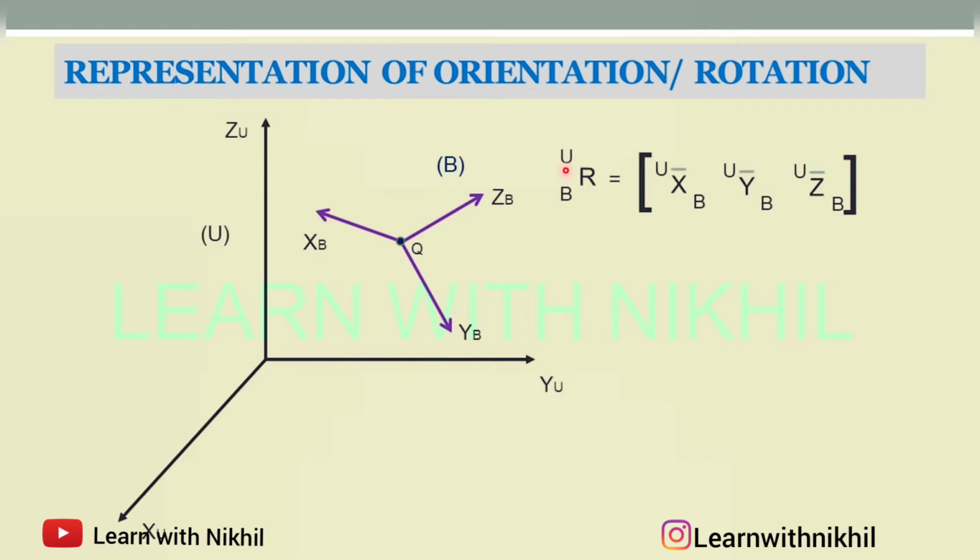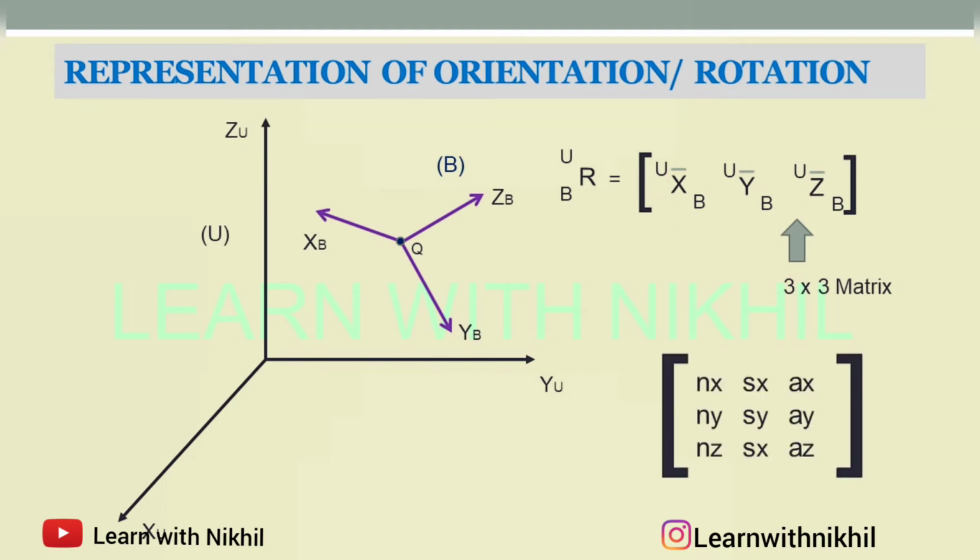So B with respect to U is given as a matrix, and this is a 3 by 3 matrix which is represented as X bar, that is the vector body coordinate with respect to U, Y bar body coordinate with respect to U, Z bar body coordinate with respect to universal coordinate. So this is represented as a 3 by 3 matrix.